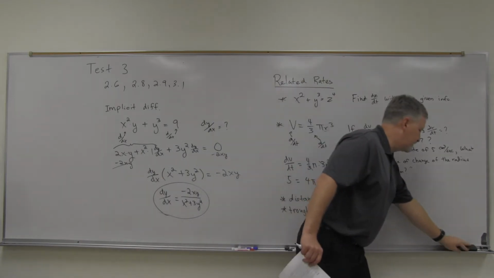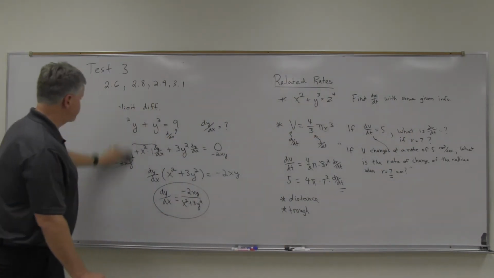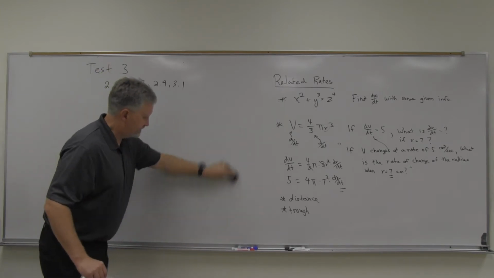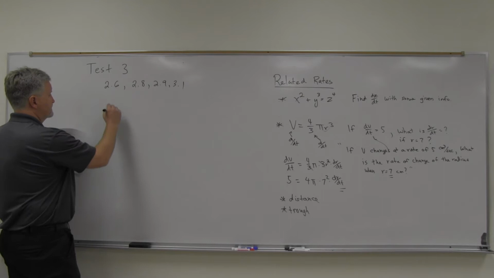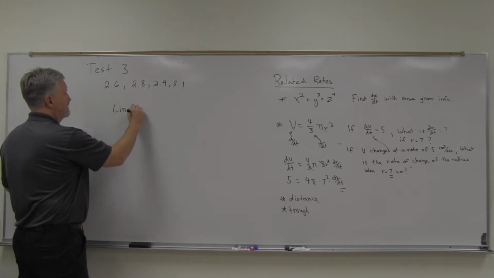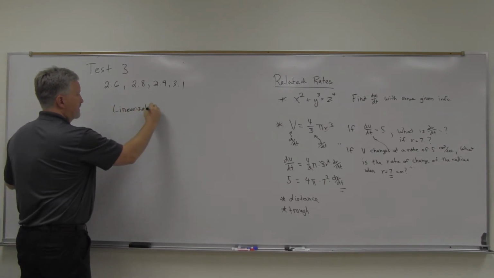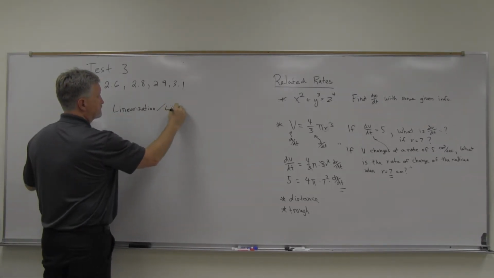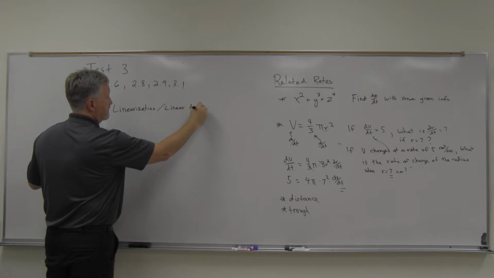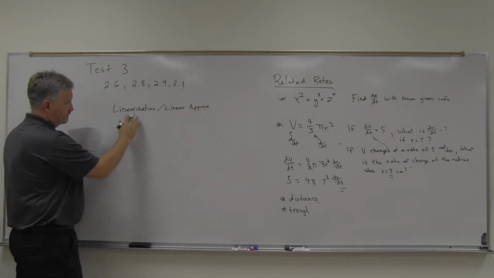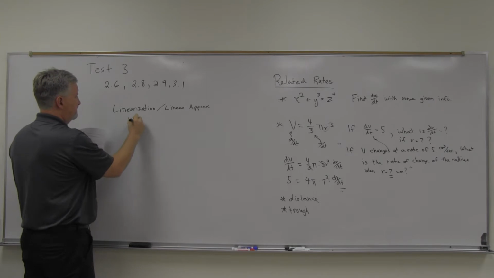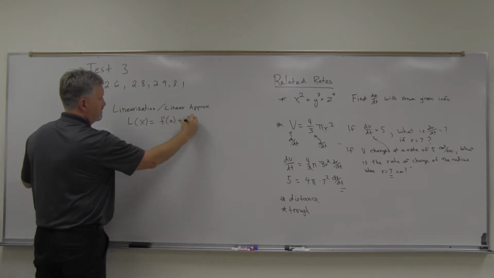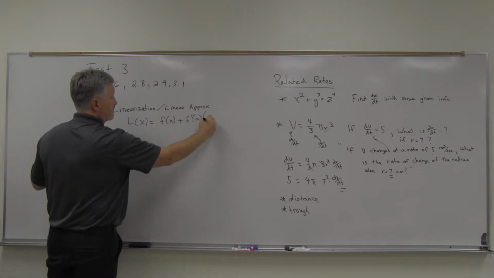On 2.9 then, there were two basic ideas. On 2.9, it was the linearization or linear approximation. So there were a couple of formulas on it, so be sure you know those. One formula for linearization, L(x), was f(a) plus f'(a) times (x minus a).